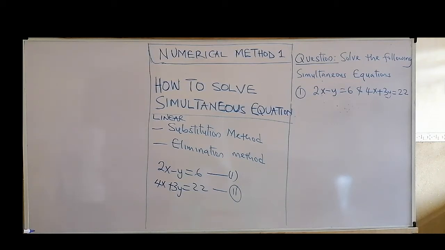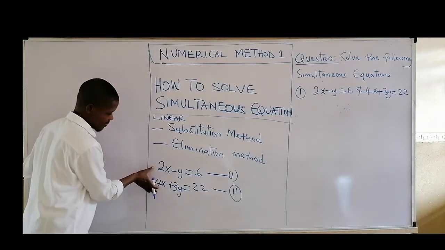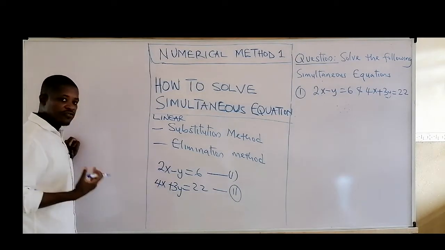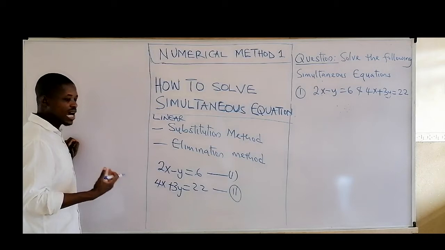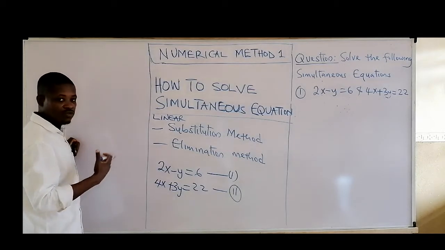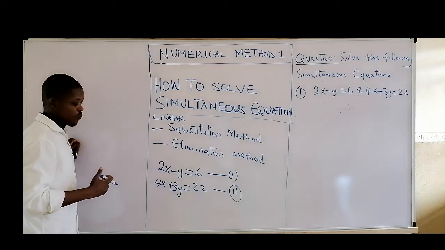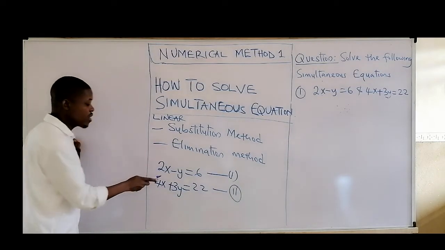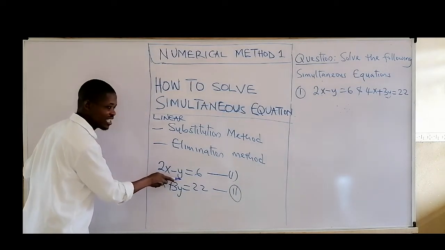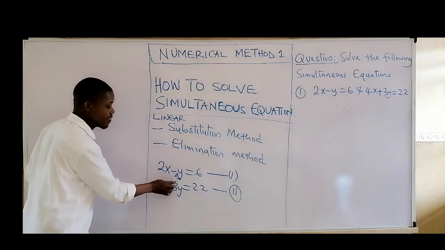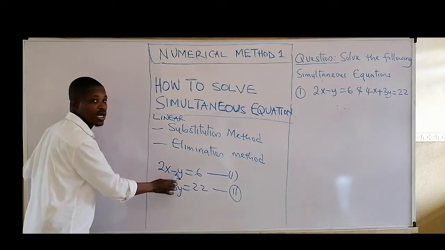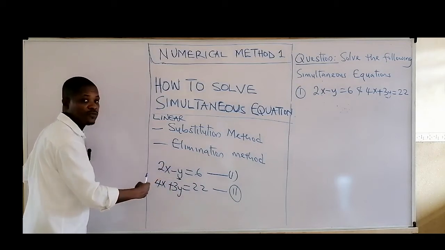If you look at the two equations, we have two variables, x and y. It will be more convenient to go to where the coefficient is 1, either minus 1 or plus 1.